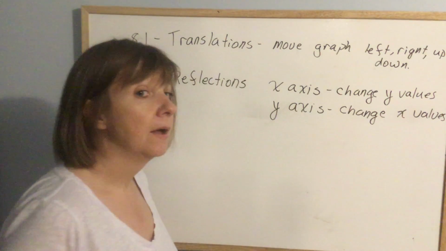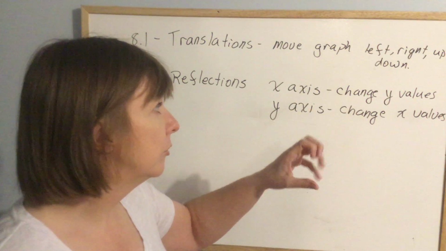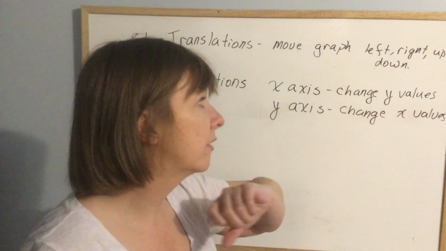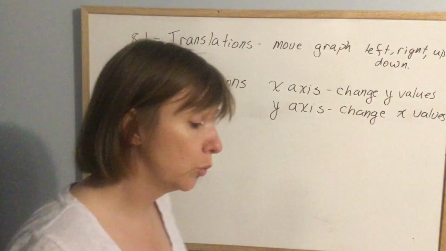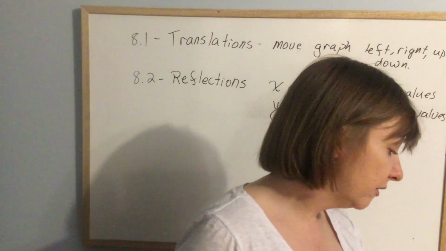All right, and so if the point is 3 and 2 and I say reflected in the x-axis, you're going to change the sign on your y values and your new point will be 3 and -2. All right? Most people do okay with reflections.